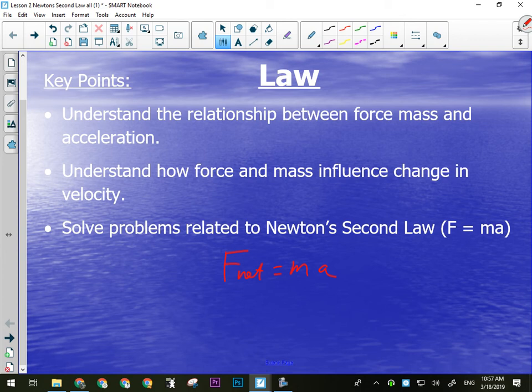All right. So the relationship between force, net force, mass, and acceleration is this. The bigger F net is, the bigger acceleration will be, because mass doesn't usually change. Now, if I have two different objects, one that has a mass of 10 kilograms and one that has a mass of 20 kilograms, and I apply the same force to them, what will the accelerations look like?